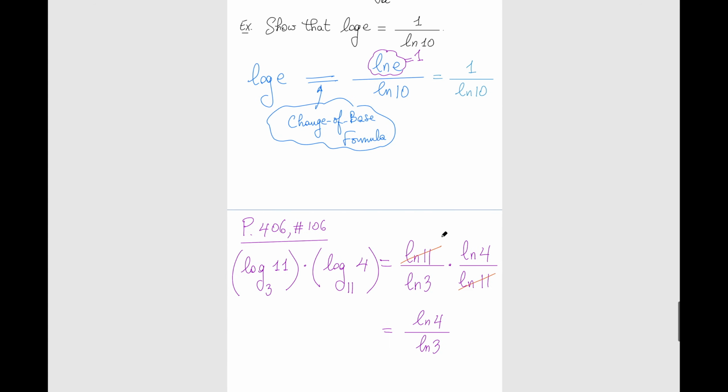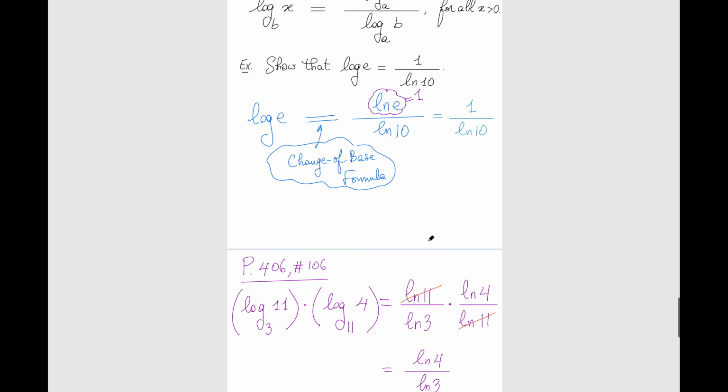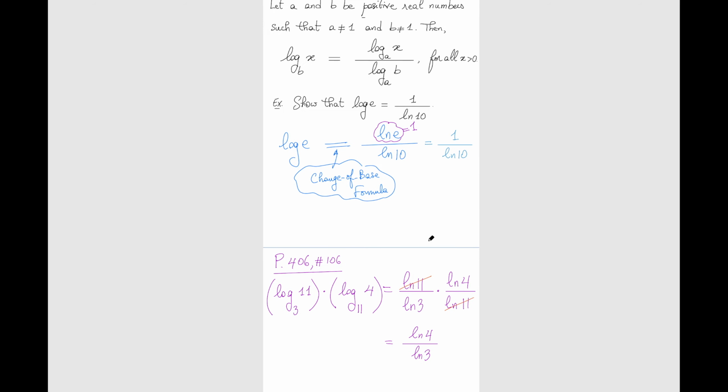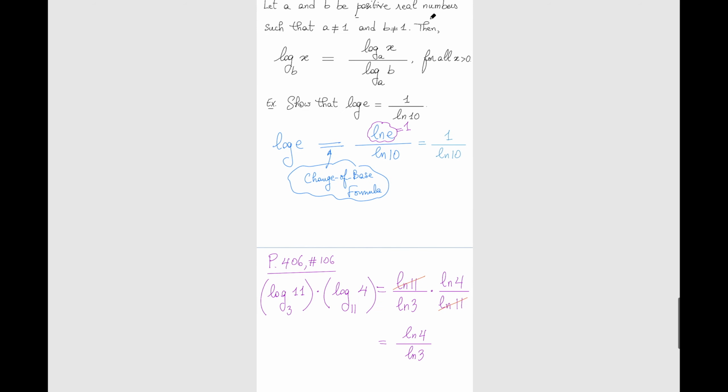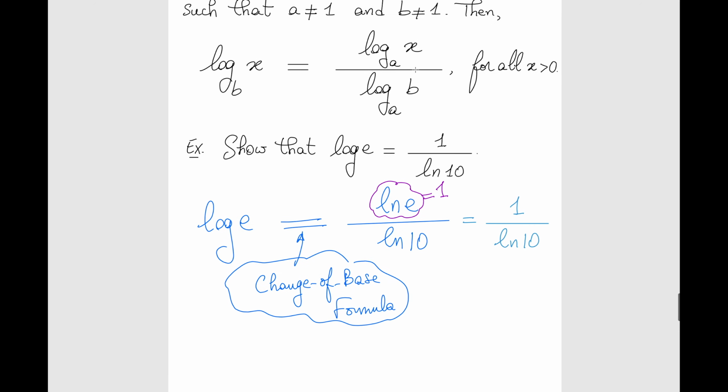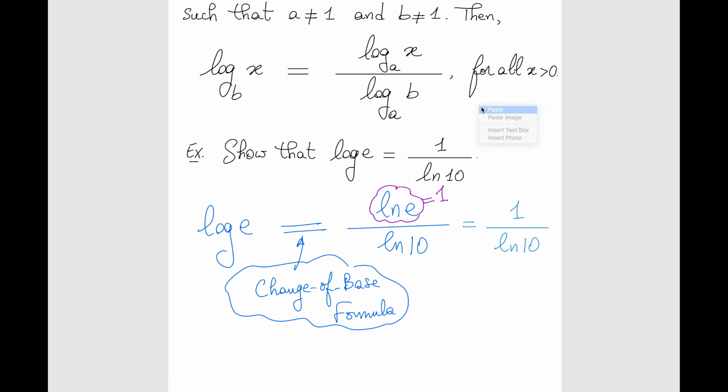Well, contrast this expression with what we have over here. How about I copy it for you so we can see it better. Take a look at this.